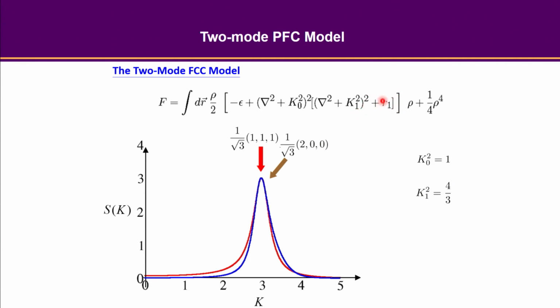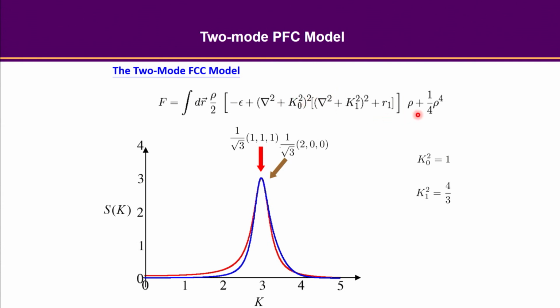If I don't have this R1, it becomes very trivial, right? The system will prefer two kinds of wave vectors, with wave number equal to either k0 or k1. Because if the wave number equals k0, then when I take a derivative here, I will have minus k0 squared plus k0 squared, so it's going to minimize my energy.